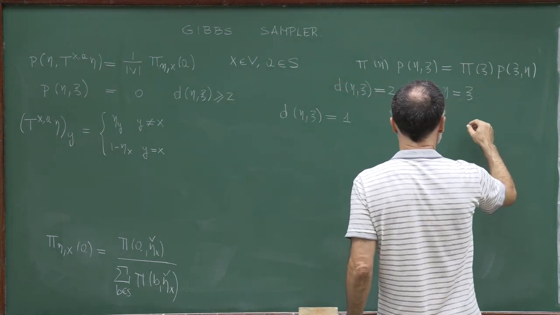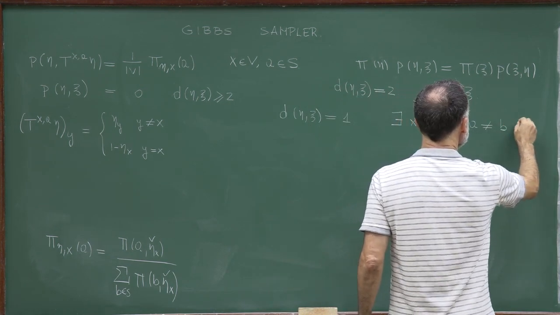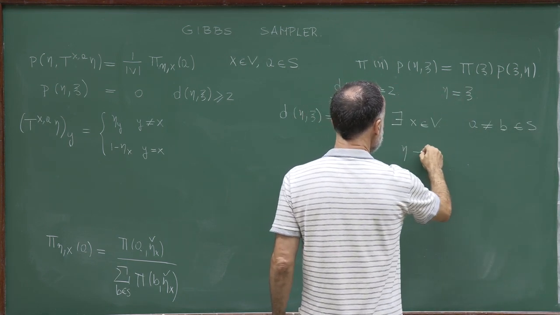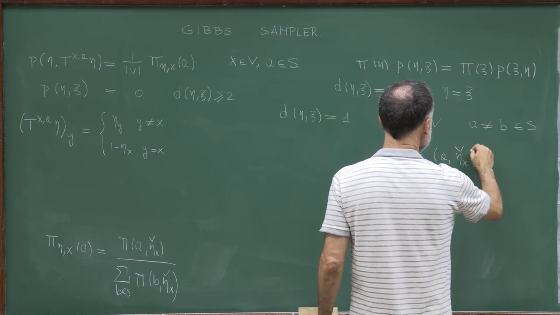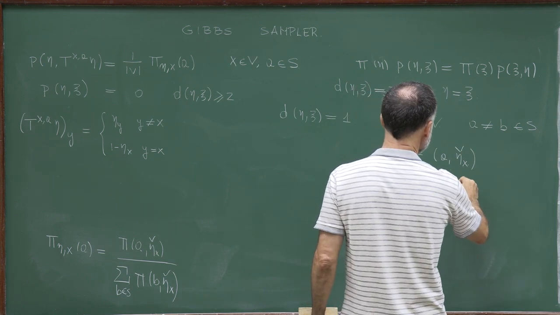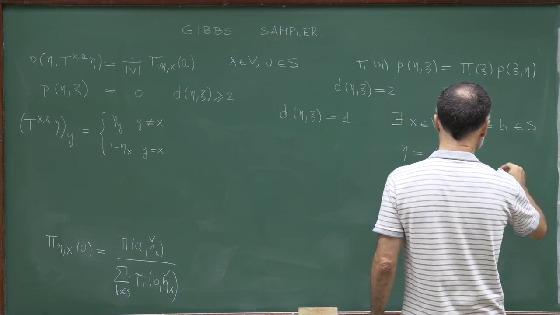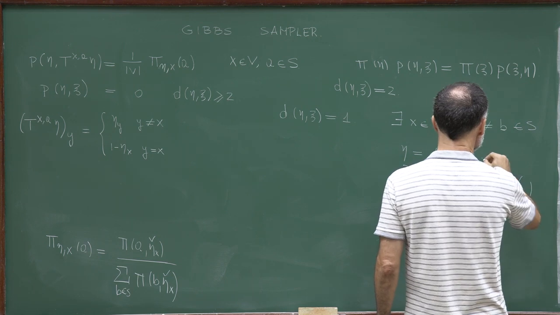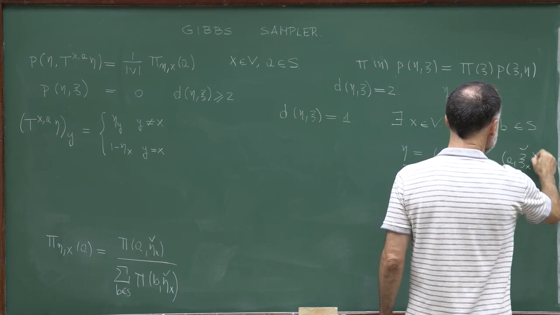So there exist A different from B in S. We have seen that eta is equal to A eta restricted to the complement of x, and xi is equal to B eta restricted to the complement of x, which is also B xi restricted to the complement of x, and this is also equal to A xi restricted to the complement of x, right?